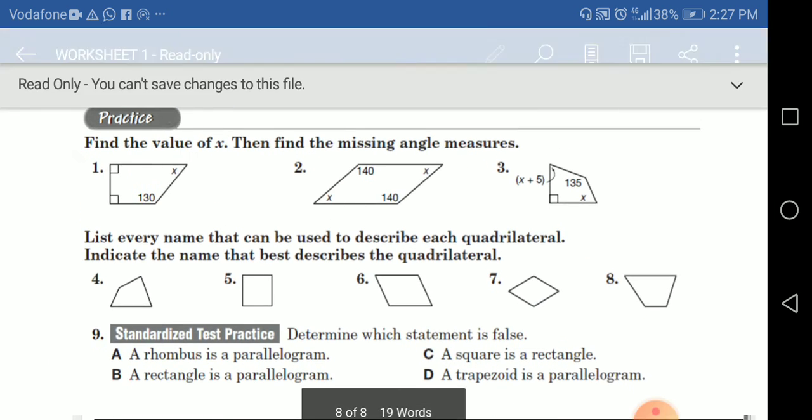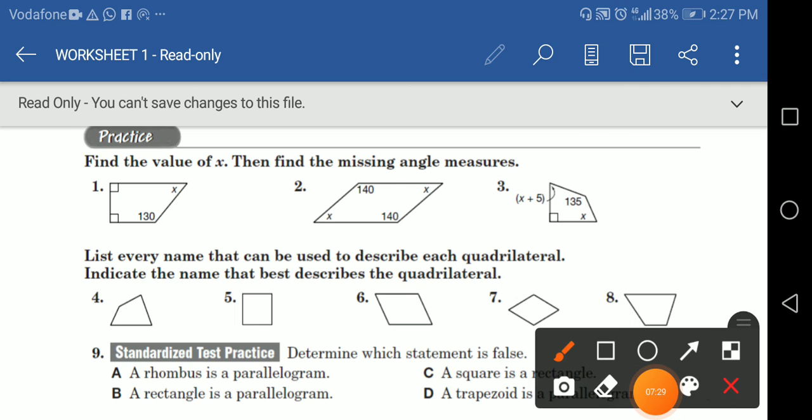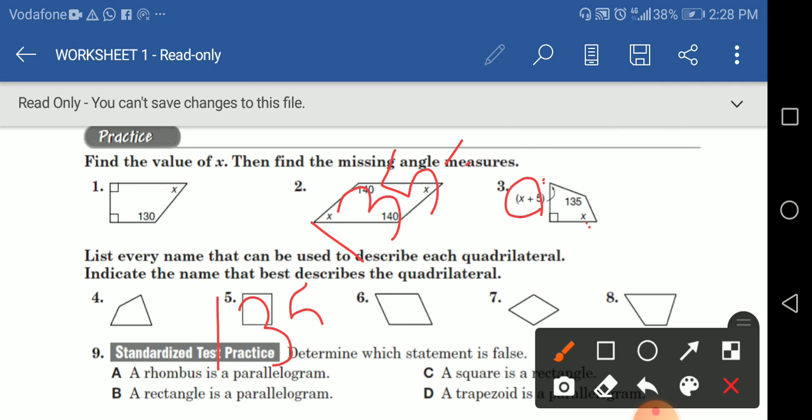So I will write 135. It's equal to x plus 5, this angle, and the other angle x. So 135 equals x plus 5 plus x. x plus x gives me 2x, and I have plus 5 here.